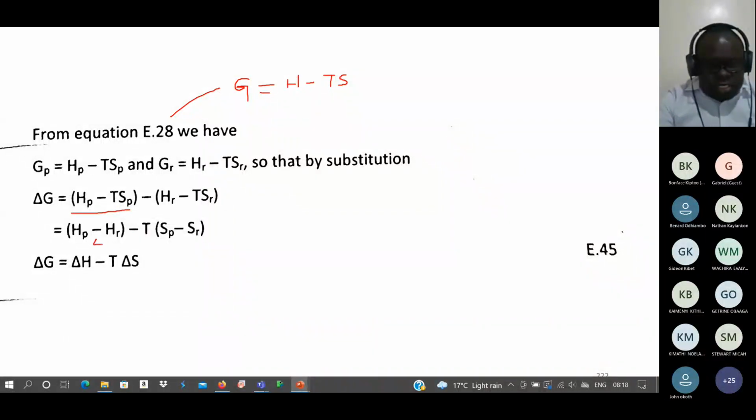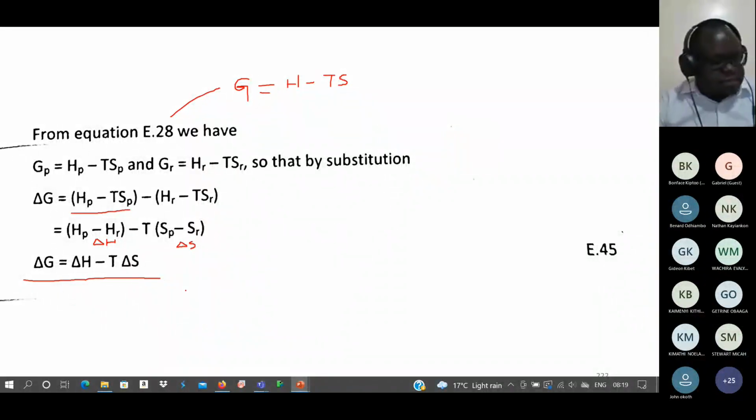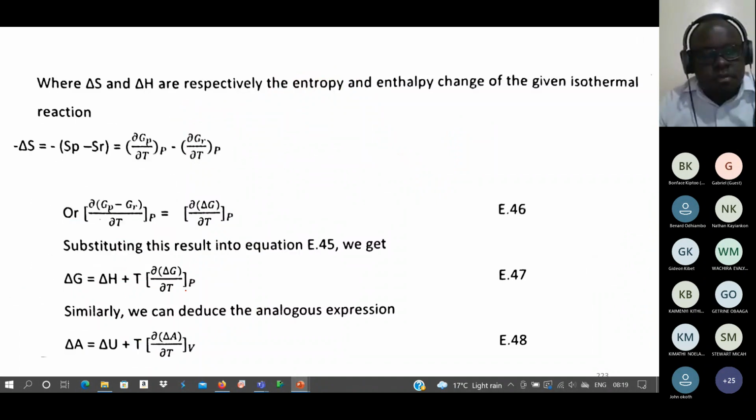So essentially this one here is delta H and this one is delta S. So delta G is given by delta H minus T delta S. So delta S is the entropy change and delta H is the enthalpy change of the given isothermal reaction.